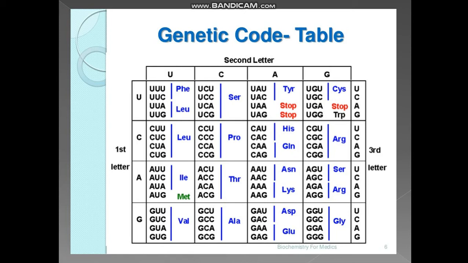When a codon comes which does not code for any amino acid, will the protein chain progress? No, it will not. So this also has a very important role because when these codons are reached, it gives the signal to stop the process of translation.